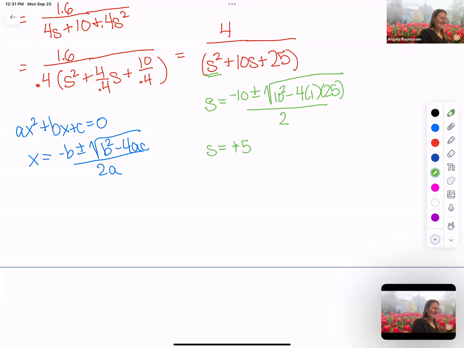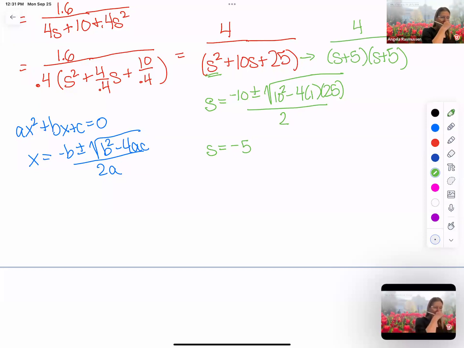I don't know. Things are not working out for me this morning. Oh, it will be minus 5. Okay, there we go. So S equals minus 5, which means that S plus 5 is the root. So the roots of this are S plus 5 times S plus 5.